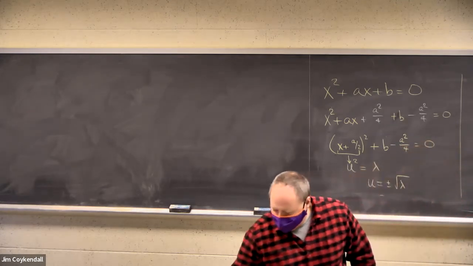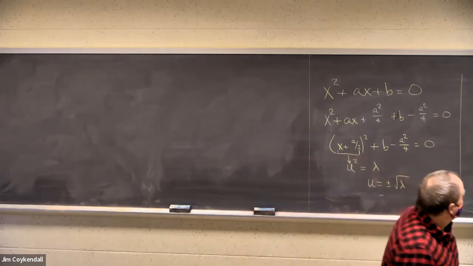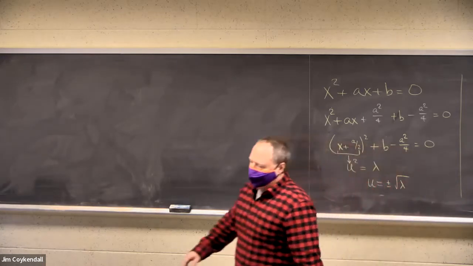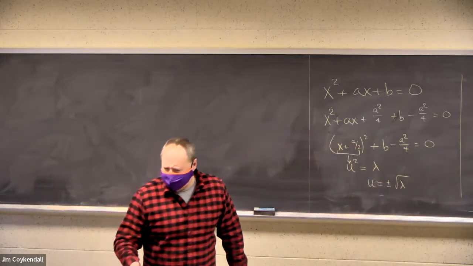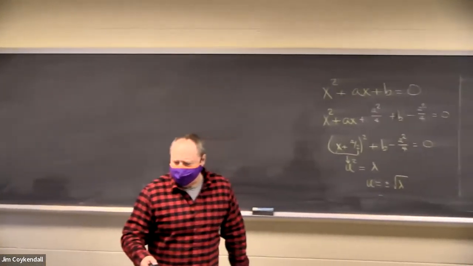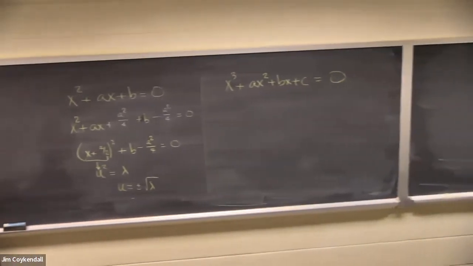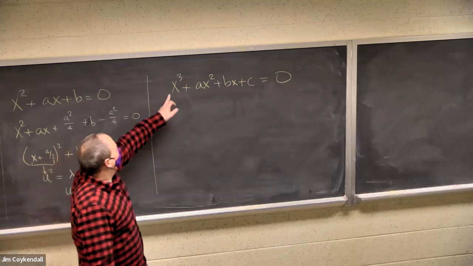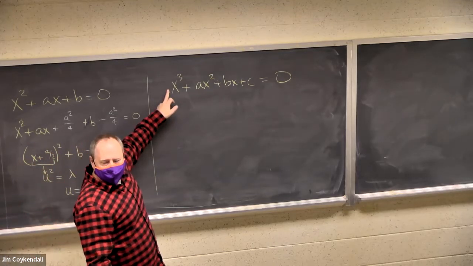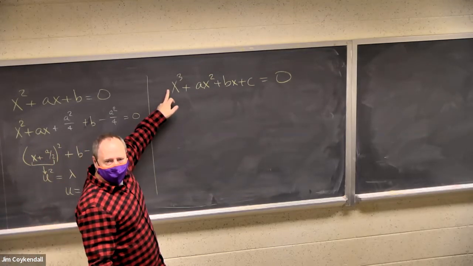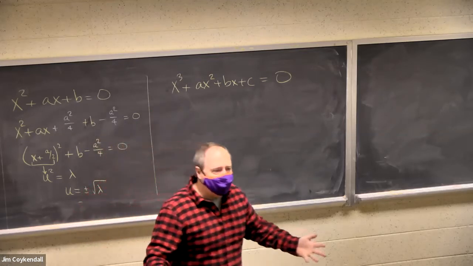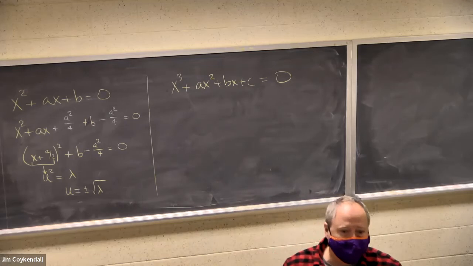Now I'm going to do this kind of from scratch, but I'm going to do this by making some kind of guesses at what the solution should be, based on symmetry here. The first thing is just like before, I can assume that the leading coefficient of x cubed is 1, because if it was something else, I would have just divided out by it.